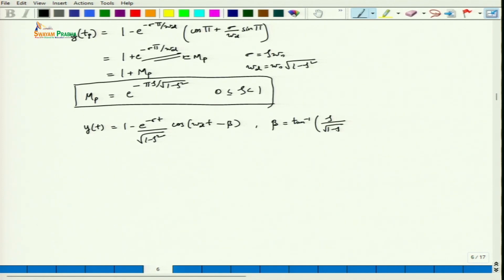Now, let us consider a general expression where you have e to the power minus at times a cosine signal.